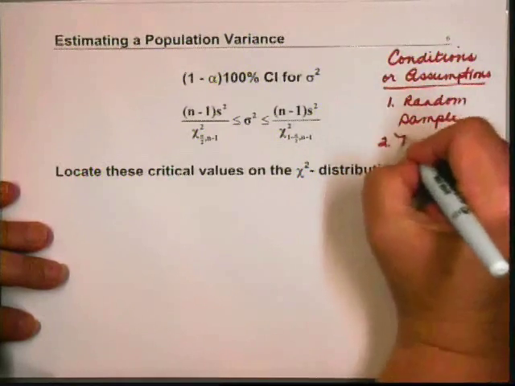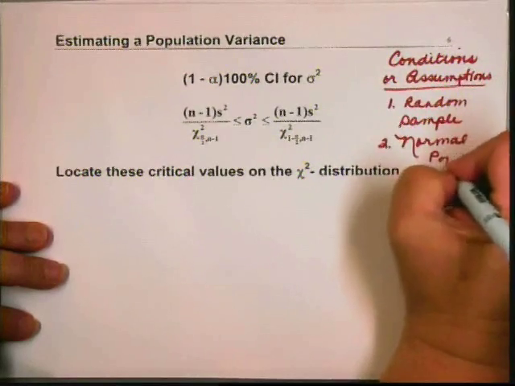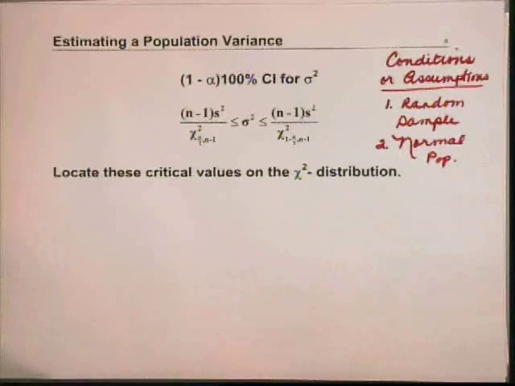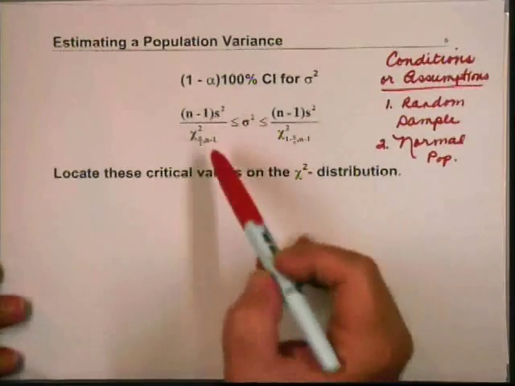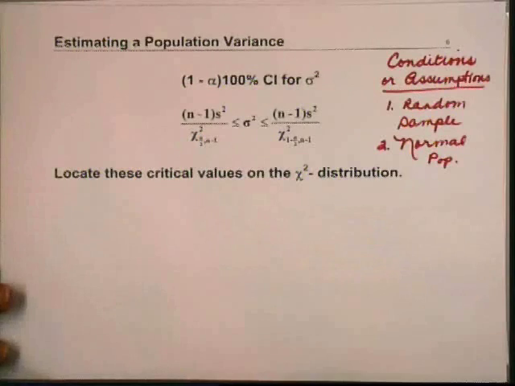And second, that we have a normal population. All right, so what this looks like is just a rearrangement of that chi-square test statistic, which, if you think about our other confidence intervals, they were just a rearrangement of the expression for t or z.